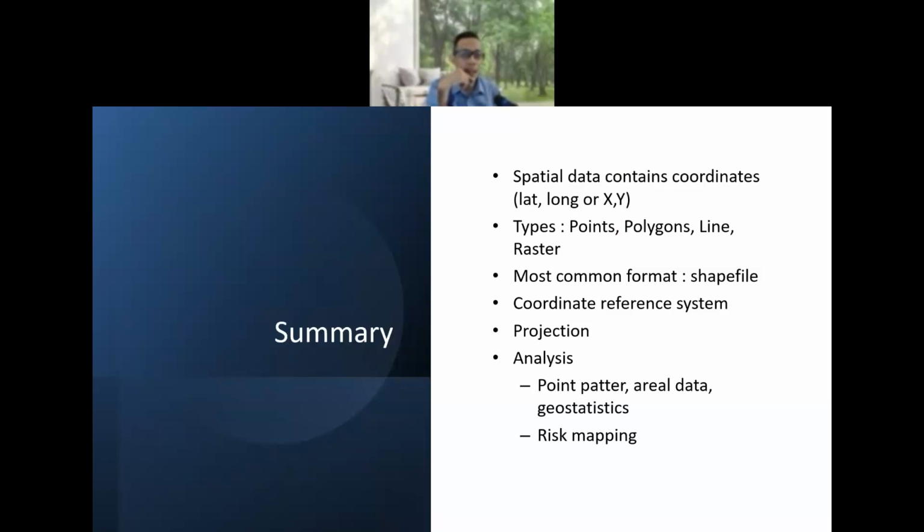The most common format for spatial data is the shapefile format. Okay. And then try to understand also the coordinate reference system. There are different types of coordinate reference system. We mentioned just now WGS 1984.